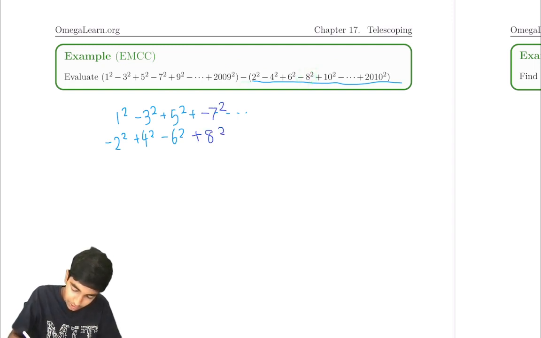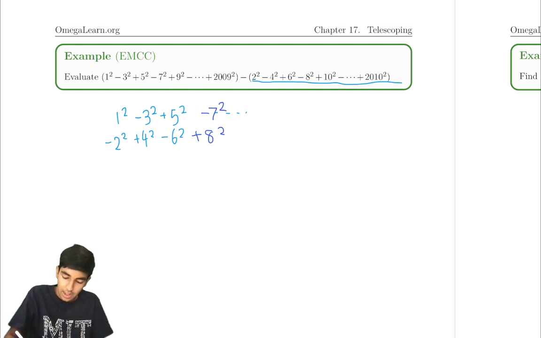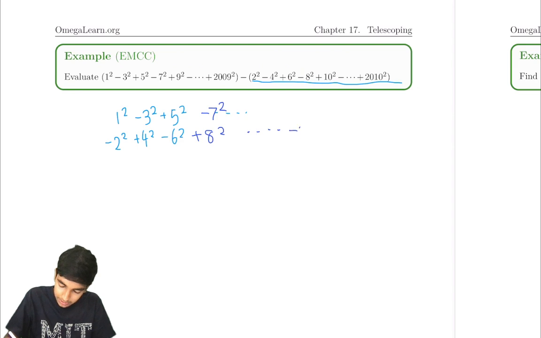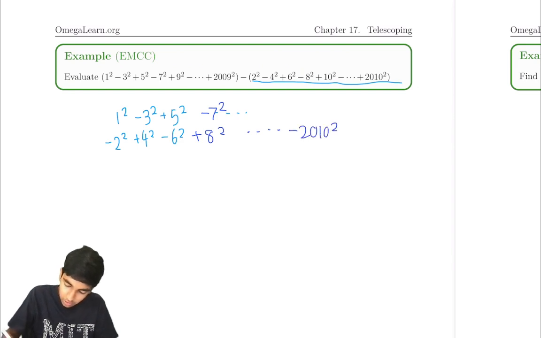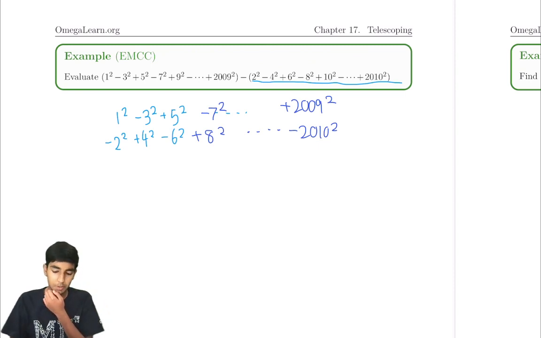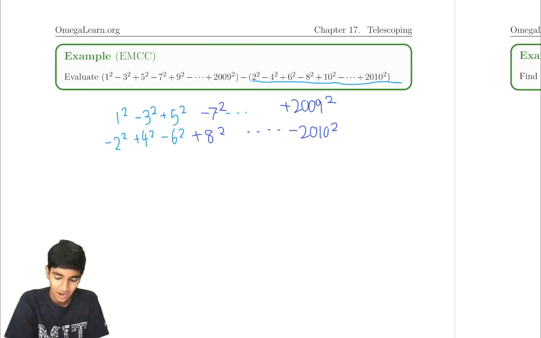It just alternates signs between both expressions. And this goes all the way till minus 2010 squared, and then the first expression goes all the way till simply plus 2009 squared. So telescoping will hopefully allow stuff to cancel, but how should we cancel? I mean, there's just way too many terms flying around.